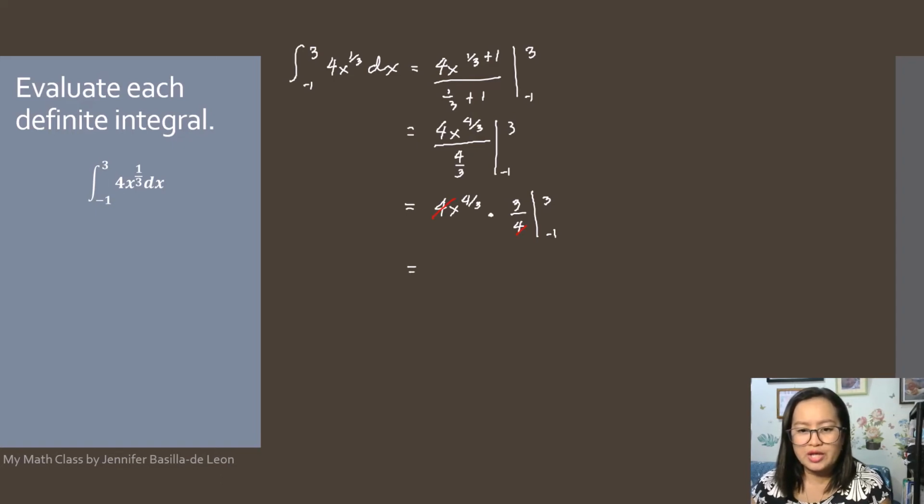So we will have 3x raised to 4/3 evaluated from negative 1 up to 3. Now we replace x by the upper limit, and then here we have the lower limit.